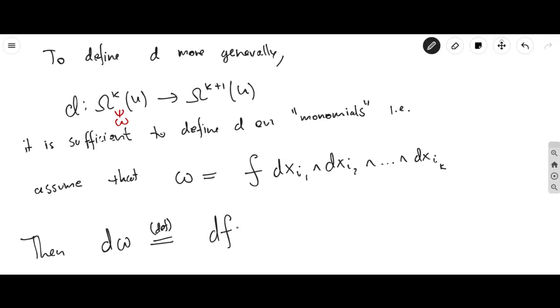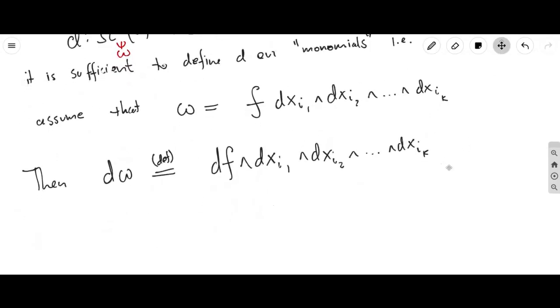So you do df, like what we've done before, and then you keep everything else exactly the same. Here you have to be careful about the order, because this algebra is anti-commutative, so you do not mess up the signs.